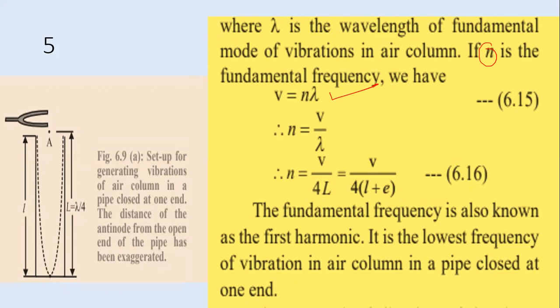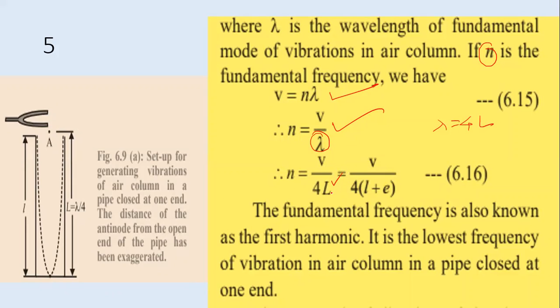Therefore we can write n is equal to v divided by lambda, and therefore n is equal to v divided by 4L, since lambda is equal to 4L.